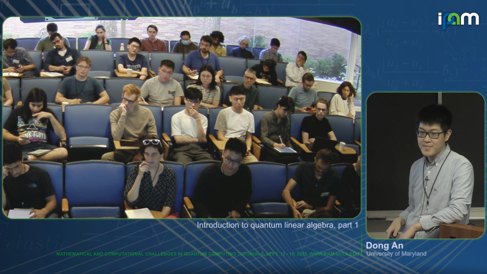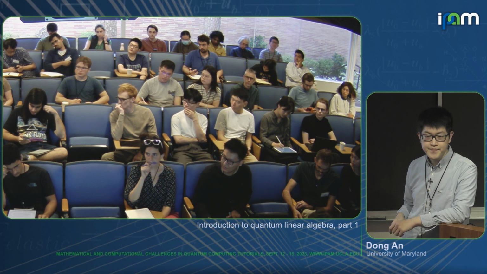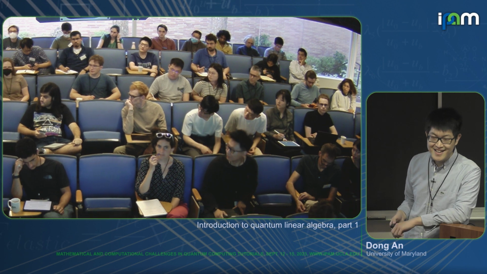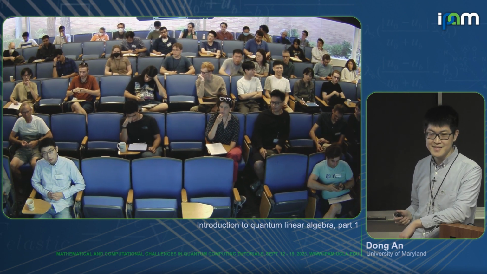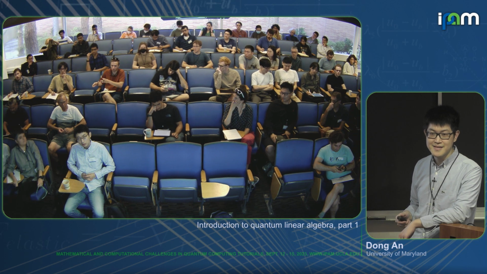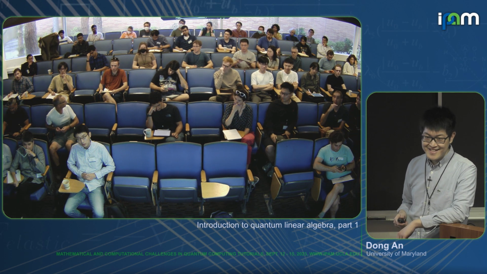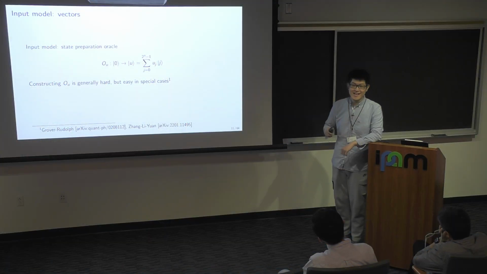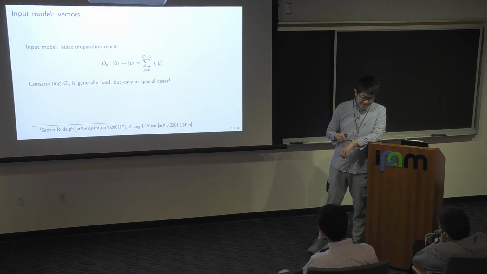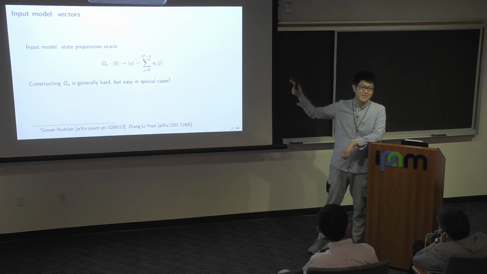Why is it called an oracle, and why do you say this is an expensive operation? It seems to me it's just an operation that takes one vector to another vector, the most basic operation, but you're saying it's expensive. By oracle, we mean that we are ignoring the cost of constructing this operation.